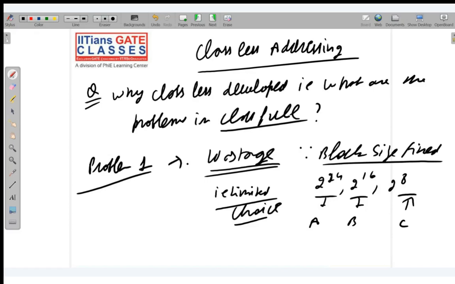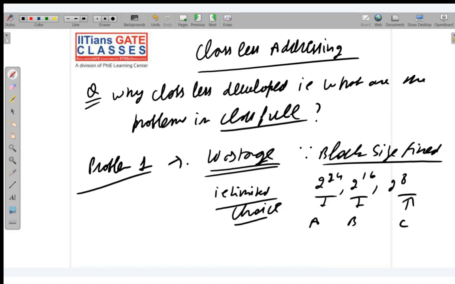It's not guaranteed that you will get it, because it is not guaranteed that if you have got one block, then the second block is free. It might be given to some other organization, so you might not be able to expand. Take your home example. You have less money and you buy a small house, and now you have enough money. Now you are not able to buy because your neighbors are not willing to give you. So you have to shift your entire house to some other place. That was the biggest problem.